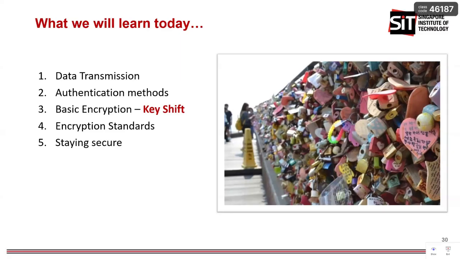What can you see in the picture? All this. What are all this? Locks. All right, multiple locks and so on. And of course, those who have been there will probably know why people would buy locks and then lock them on the fences at this particular location.